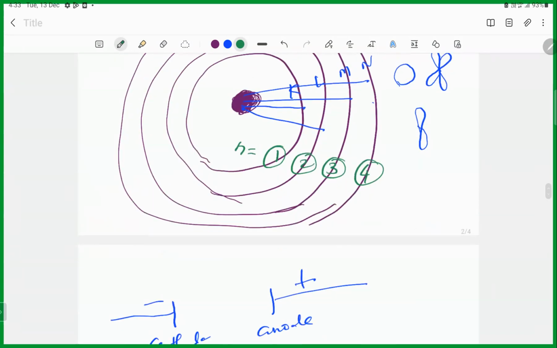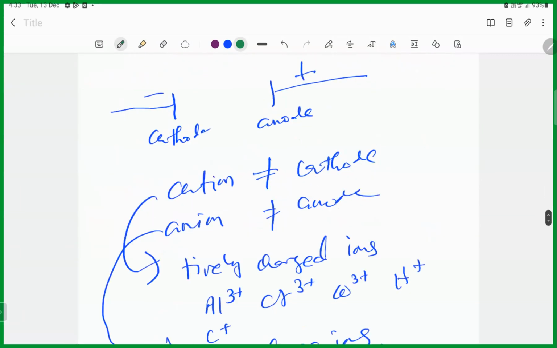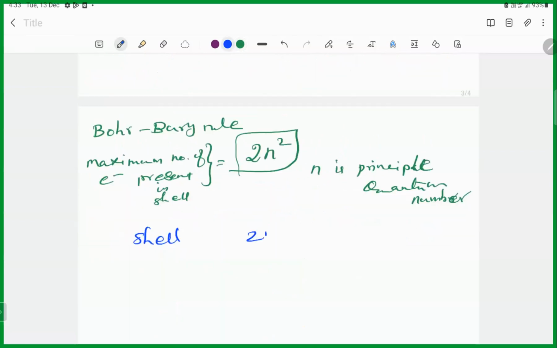So by using 2n squared, we can calculate for the K shell. For the K shell, n is equal to 1. When you substitute, 2 into 1 squared, that means 2.